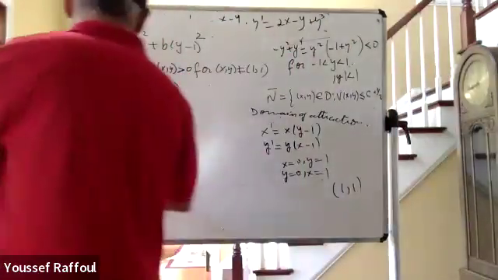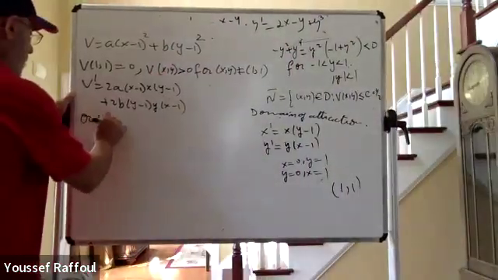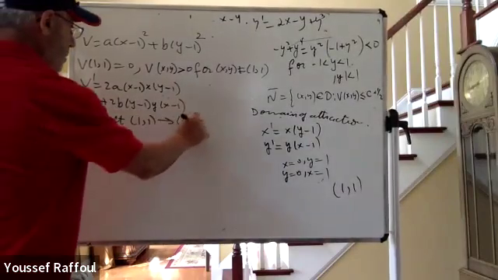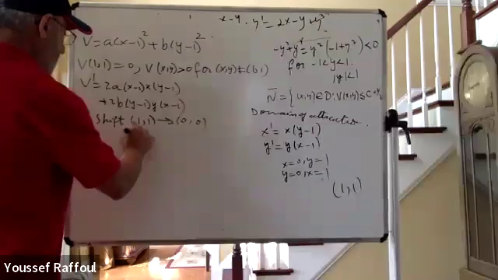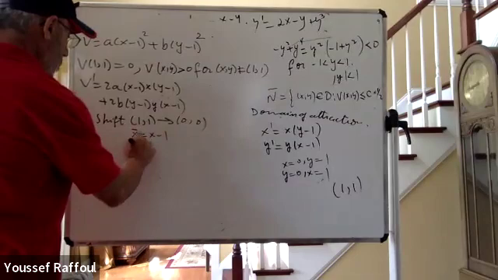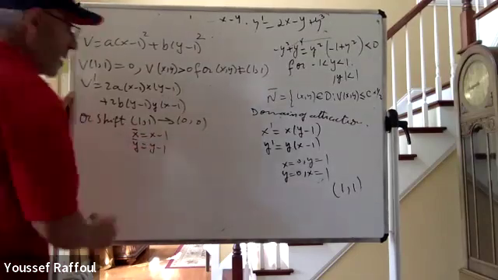Or you shift (1, 1) to (0, 0) by taking x bar equal to x minus 1, y bar equal to y minus 1.